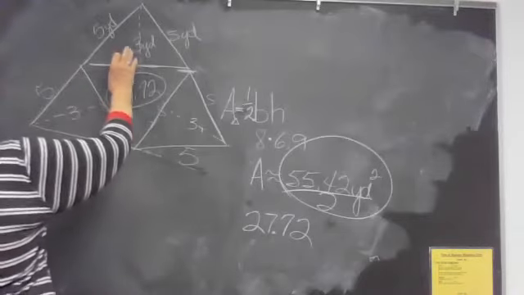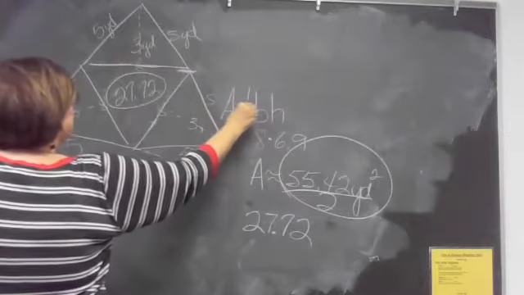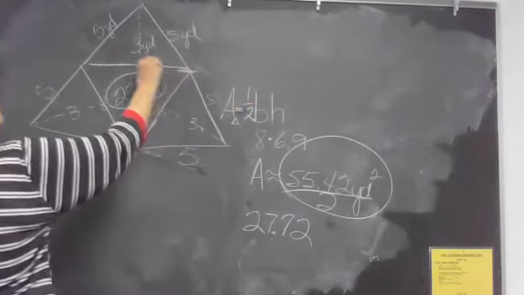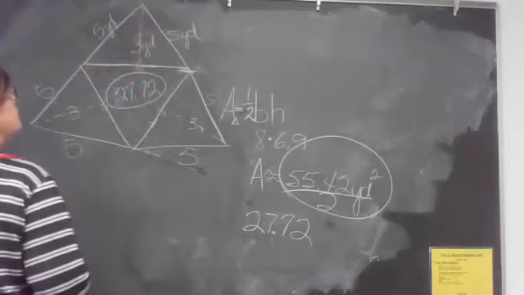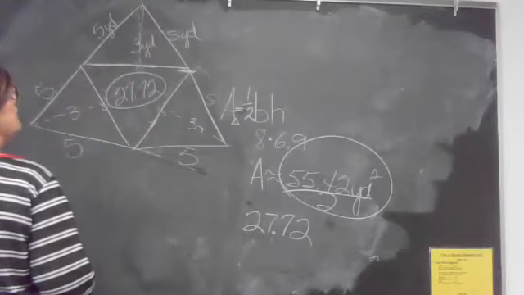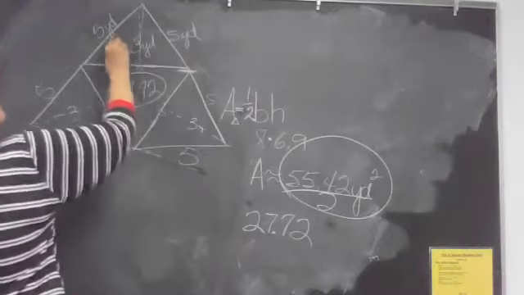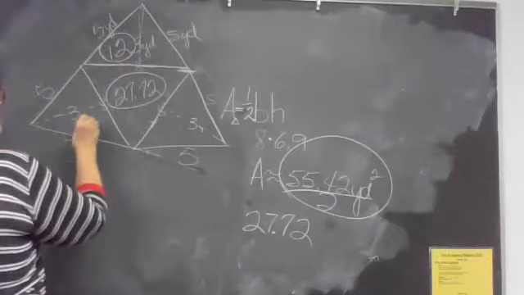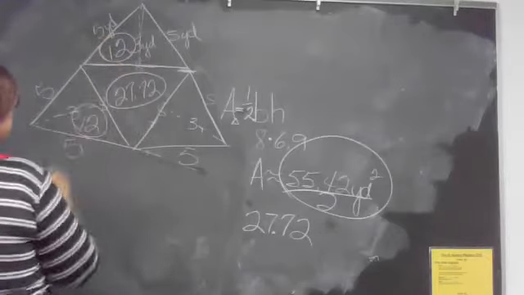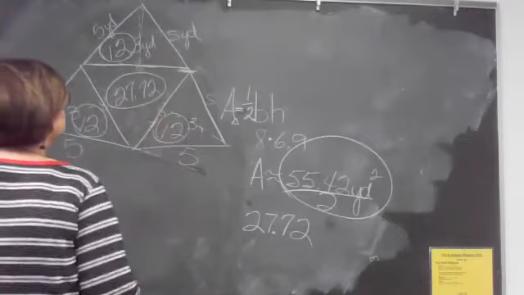Now to find the area of this will be the base times the height, but then I need to divide by 2. So I've got 8 times 3 is 24, but I divide 24 by 2, and I have 12 square yards for that one, 12 square yards for that one, and 12 square yards for that one.